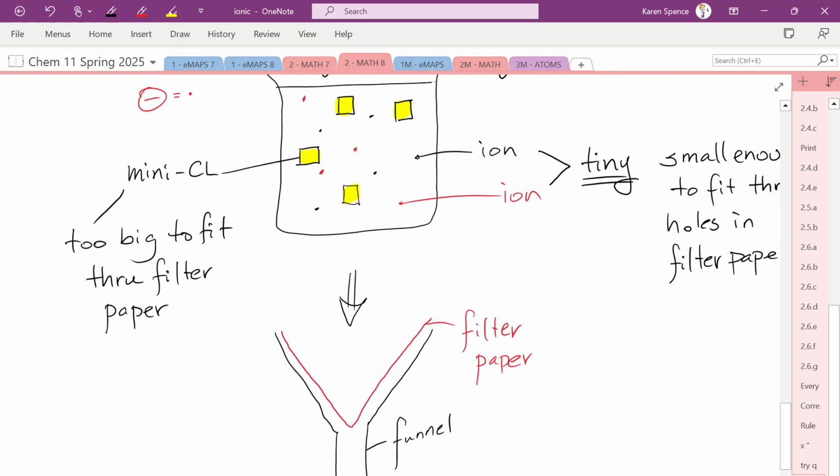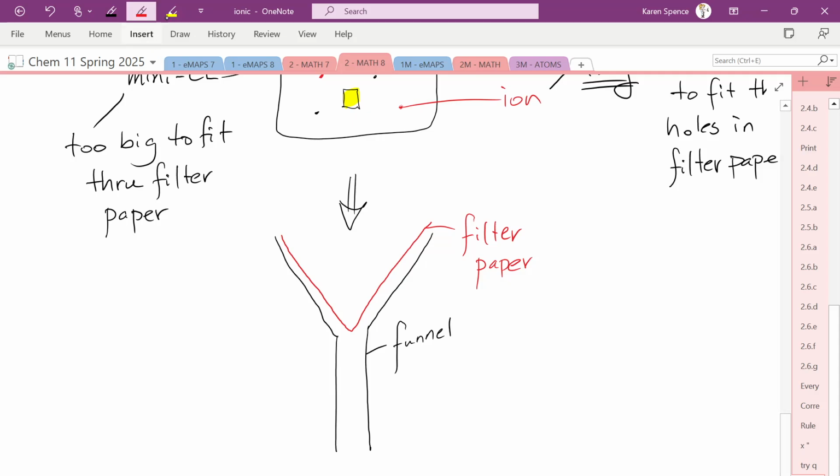All right, so we've put it through and the little mini crystal lattices get stuck.